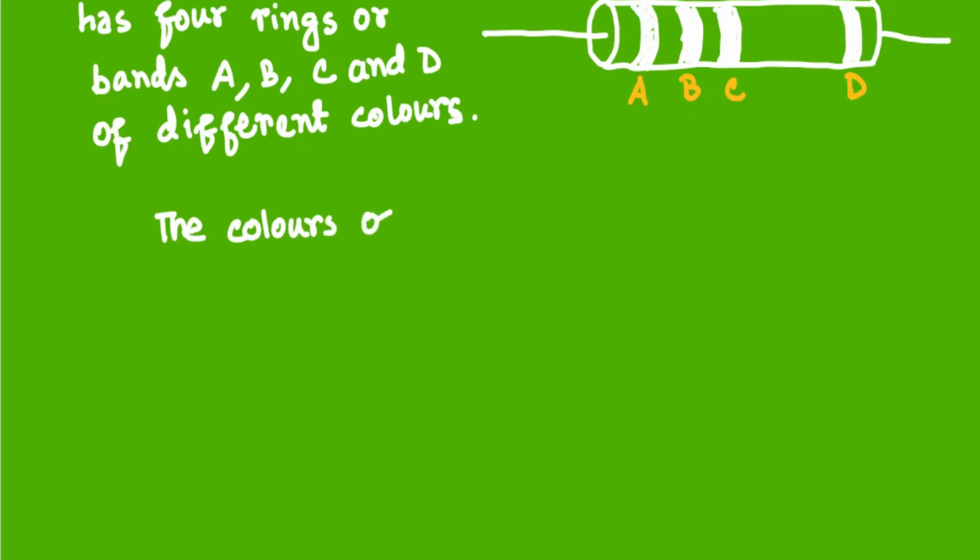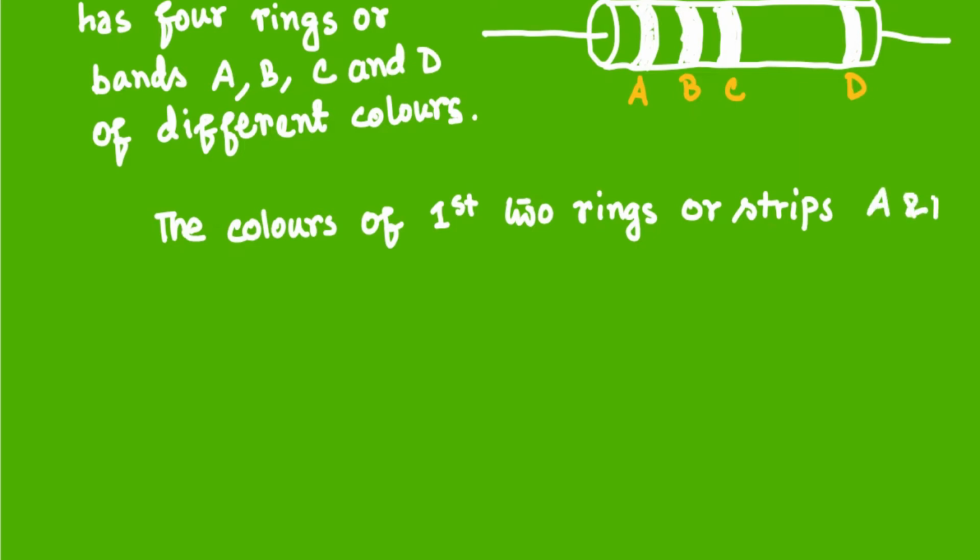The colors of the first two rings or strips A and B. A and B are the first two rings.